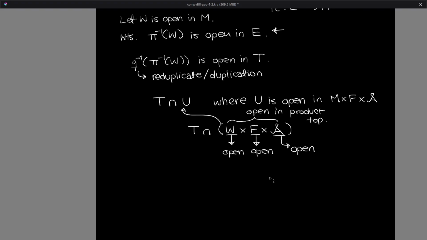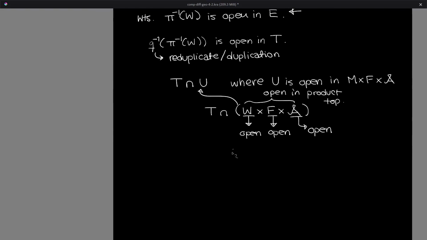And the intersection of this with T means that, okay, so what do I really mean here? What is this intersection refining? When we intersect this set with T, what are we losing? Well, we're not losing W, because as we argued earlier, T has all of M in it.